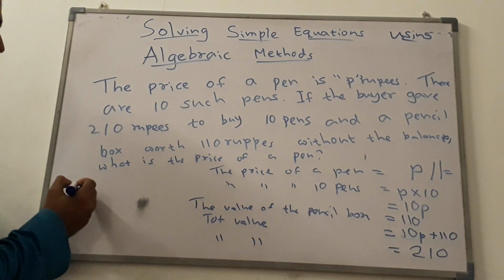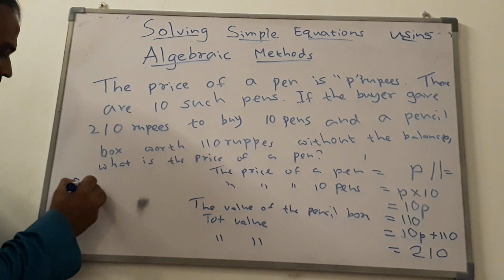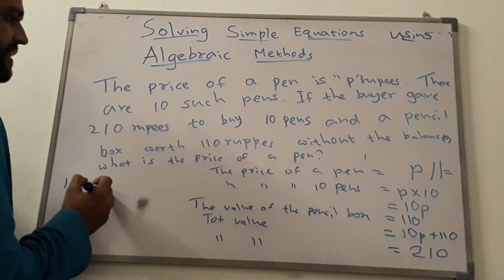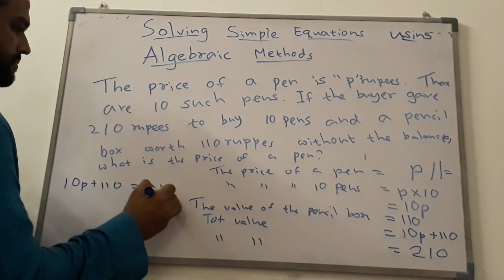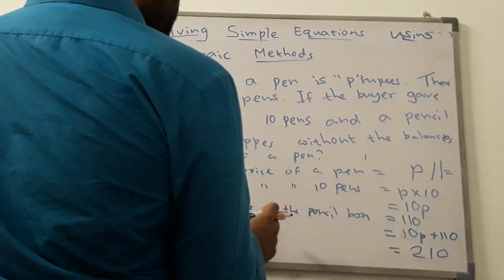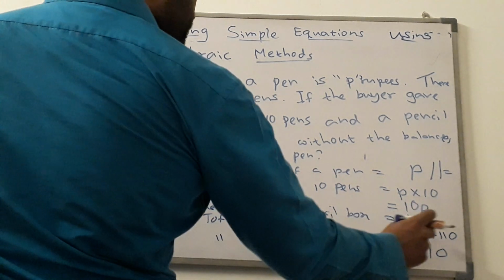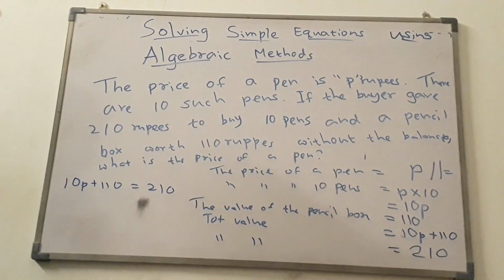So what I am going to do is equate the algebraic expression and the number term: 10P plus 110 equals 210.